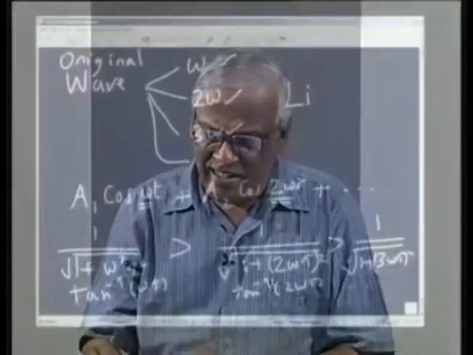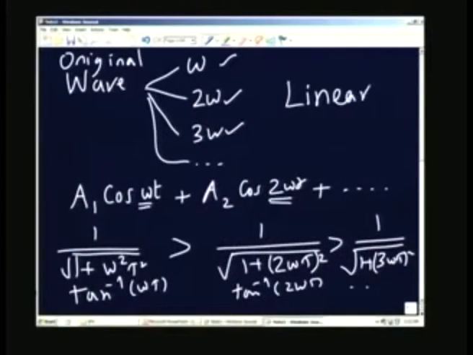Therefore, when we have an original wave which is a complicated shaped curve, not a pure sinusoidal, you can always look at the overall response by looking at the component responses and then adding them and getting the response of the system, because the system is essentially a linear system. So, we will say that this is a linear system and the response is made up of all these components.